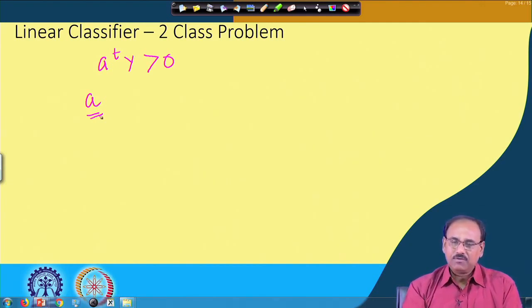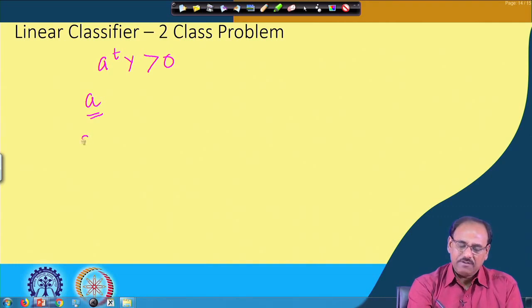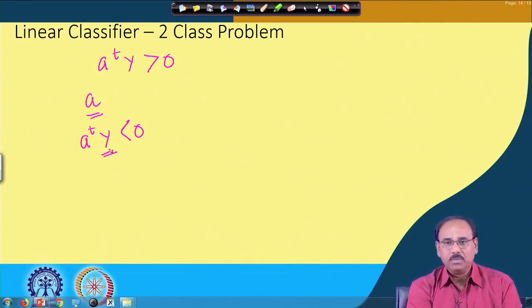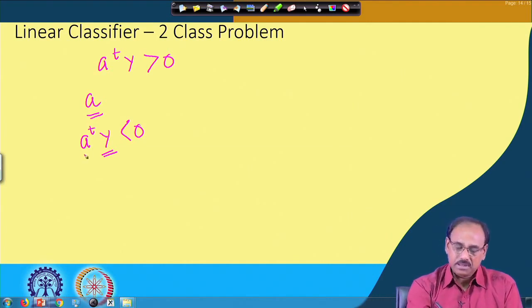But if for any training sample I find that A transpose y becomes less than 0, then I know that this y has been misclassified by this vector A. So, in this particular case, this A has to be modified.